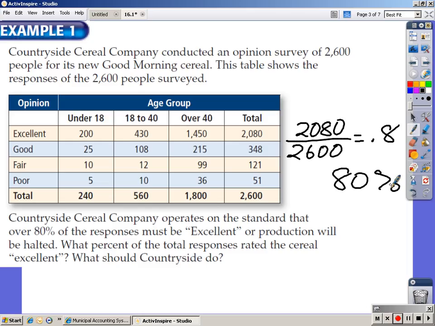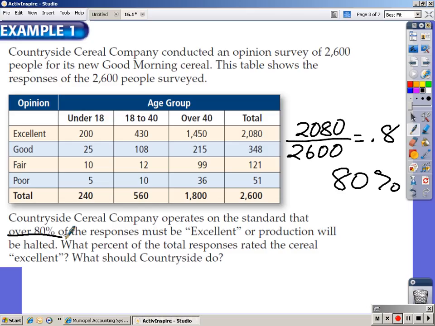Now, that's not a bad number. The problem we have is that they operate on the standard that over 80% of the responses must be excellent or production will be halted. Now, in the business world, and your book will tell you the same thing, you've got to look at the broader picture. Sometimes you can't have hard, fast rules.